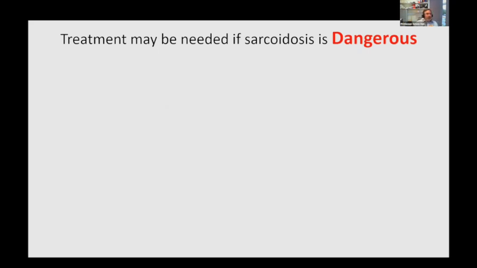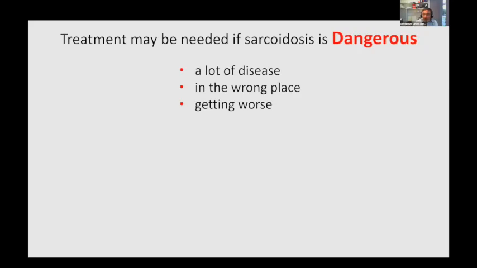Now, there may be some judgment applied as to what does dangerous mean, but examples would be if there's a lot of disease, if there's disease in the wrong place, or if it's getting worse. Again, coming back to that observation and monitoring to see how the disease is behaving.